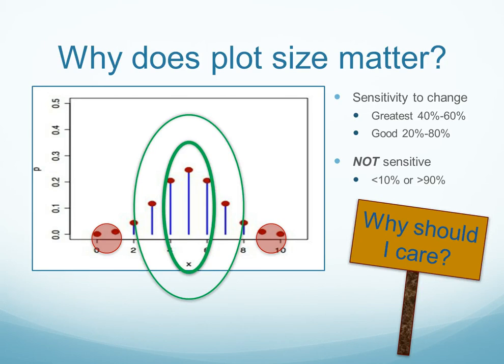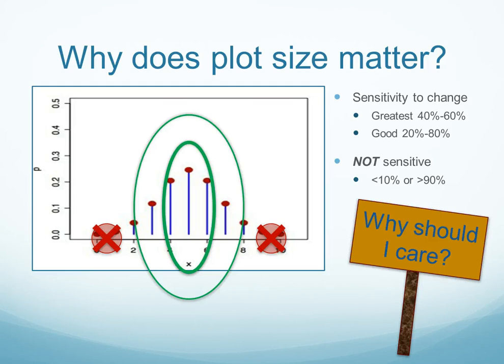However, we're not sensitive to frequency changes when the frequency estimates are in the most extreme ranges. So if they're less than 10% or greater than 90% frequency, we're not able to discuss changes over time or comparisons between areas.